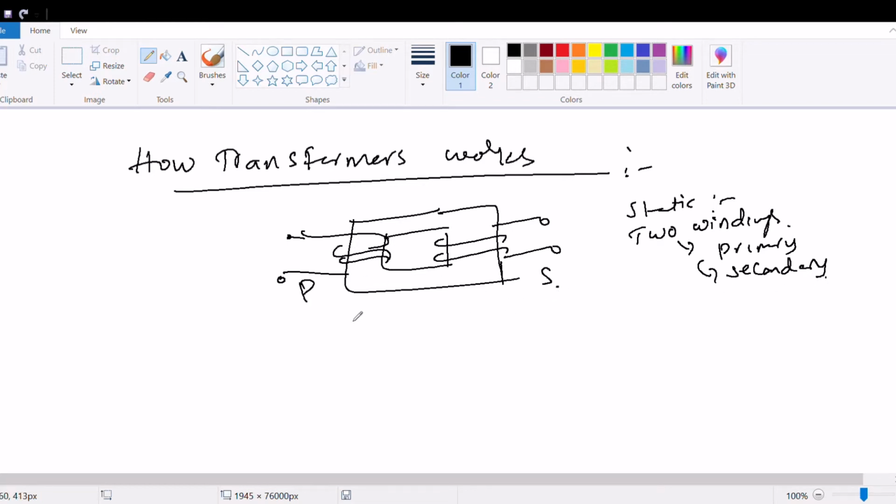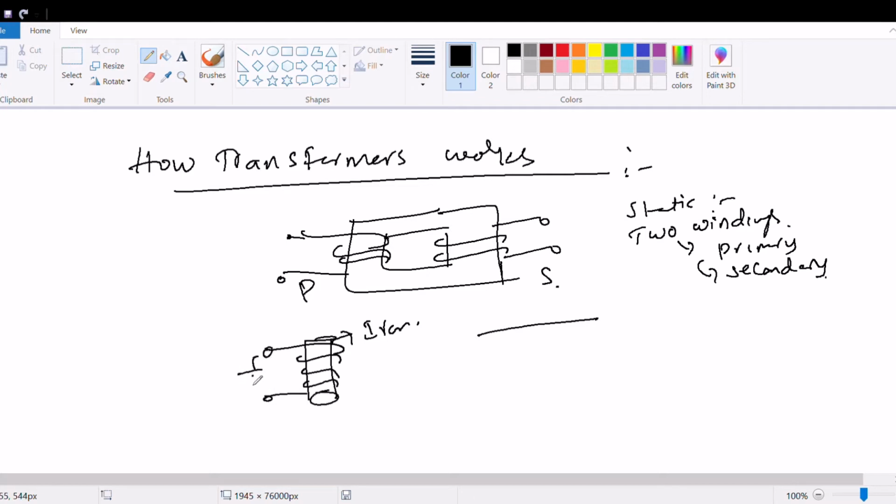First of all, let's see the construction of a transformer. Suppose we consider a solenoid, or an iron bar, made of iron simply, with a copper wire wound on it like this.